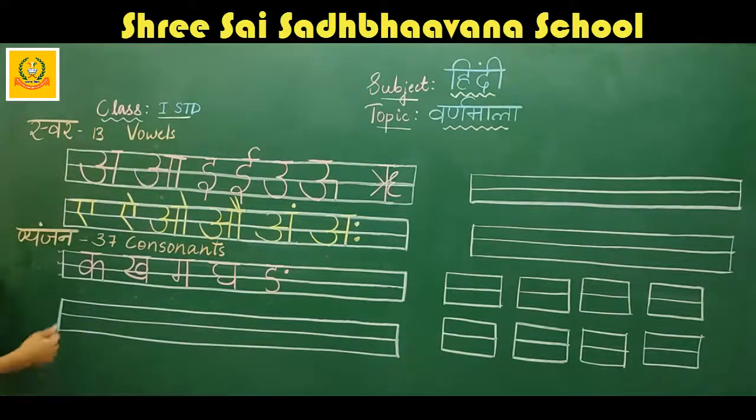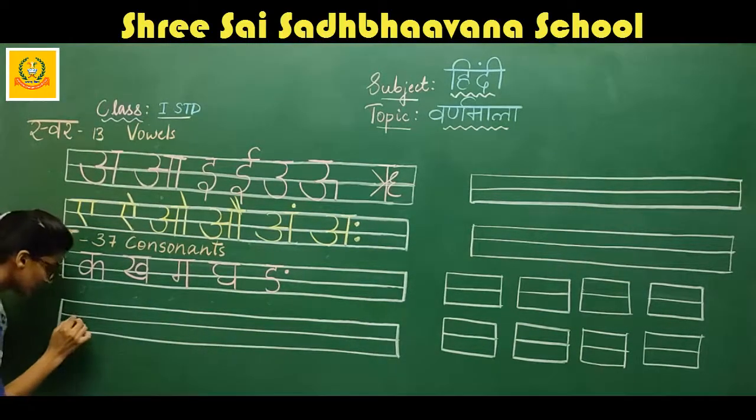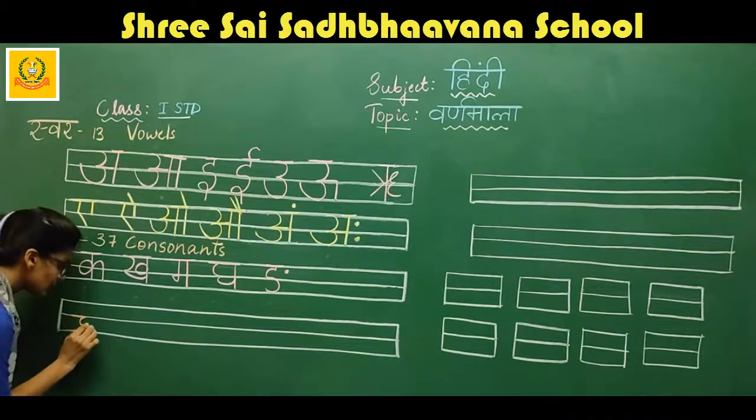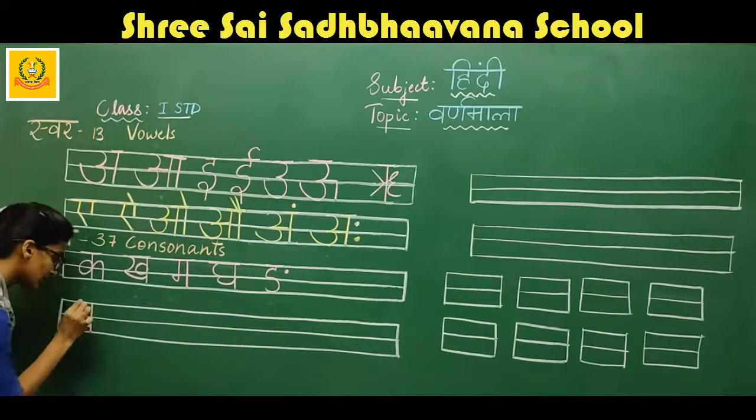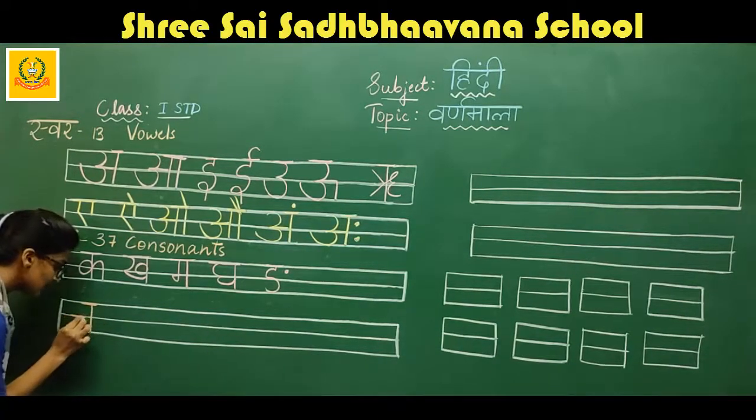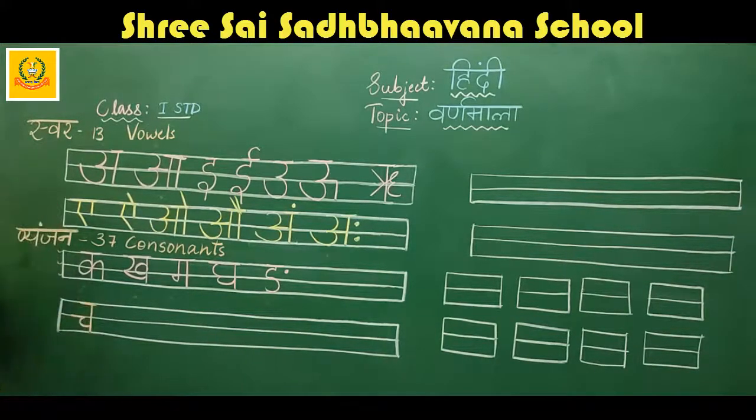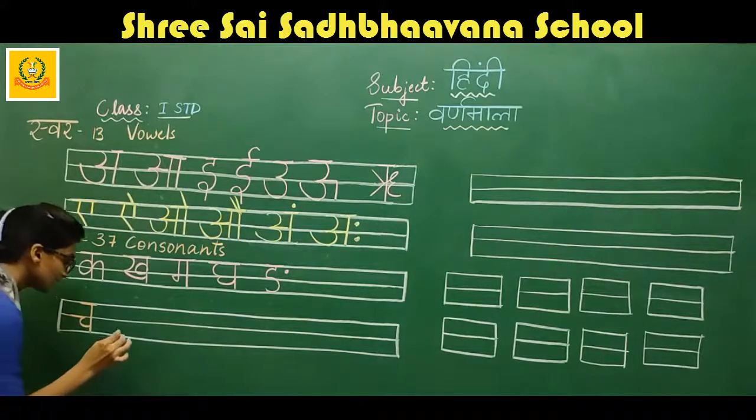Next, what did we learn? We learned cha varga. So this is ka varga. Next we learned cha varga. What is the first letter? Cha. One sleeping line, one small curve downwards, one standing line, one sleeping line. Cha. Next.